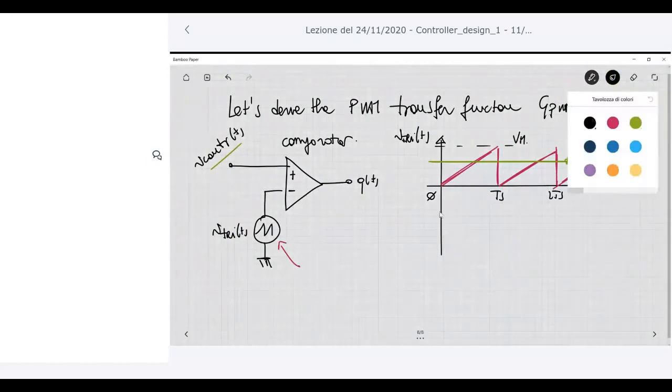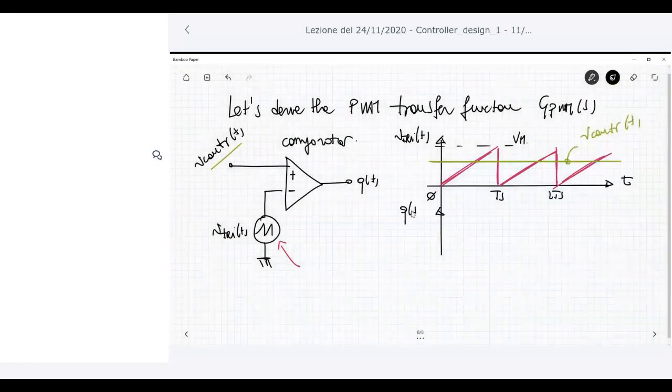So if we want to analyze the output Q, I have to understand that the comparator flips its output anytime the control voltage is the same as the triangular voltage. Okay, so for example, here, here, here, here, here. Anytime the triangular voltage is lower than the control voltage, the output is 0.